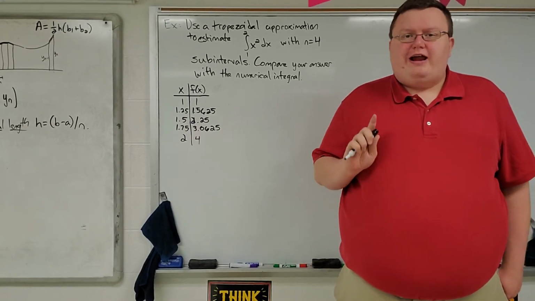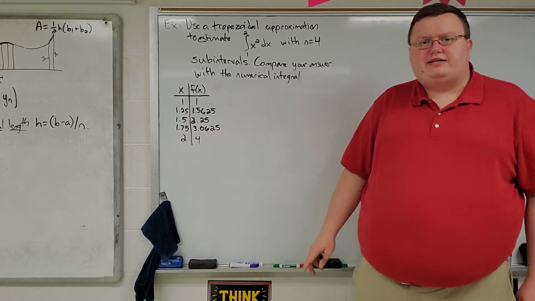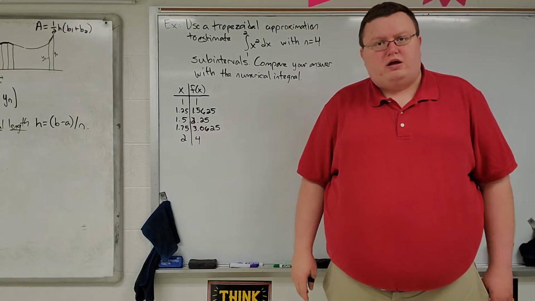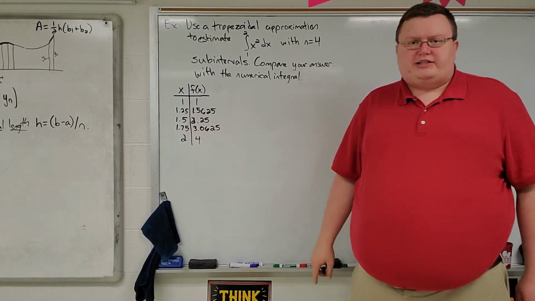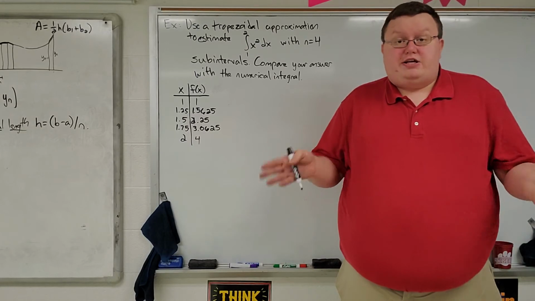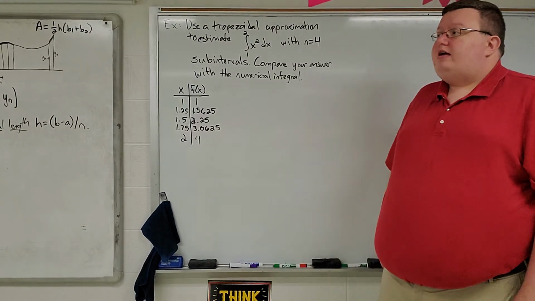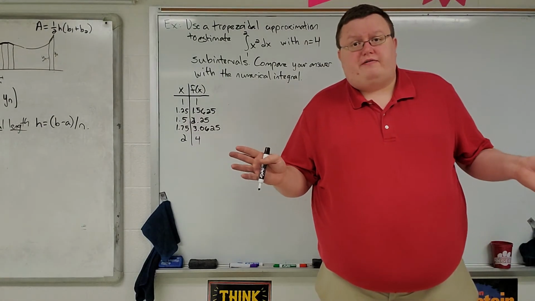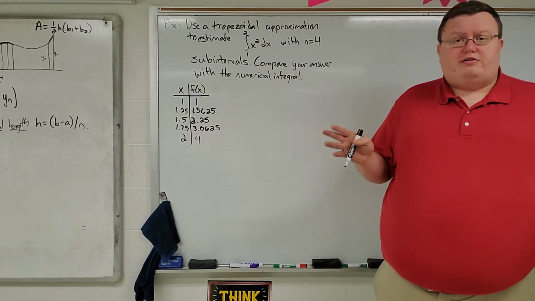Now, if you're given a table of data and told to estimate the integral from the starting x value to the ending x value, you're bound to use that data because you don't know anything else about the function. You hope that all the subintervals are equal width.